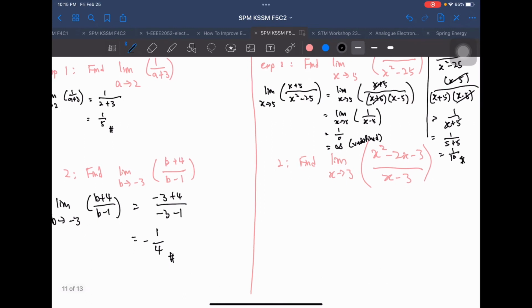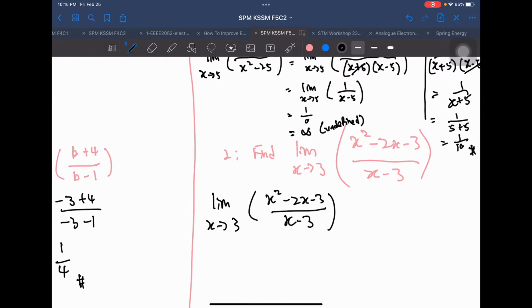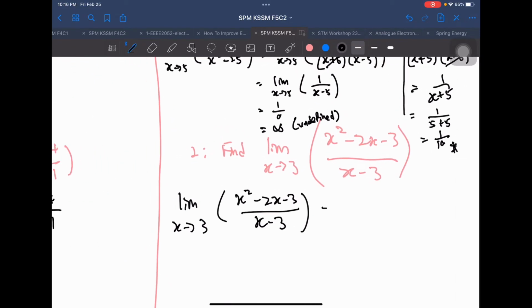Okay, so let's do the second example, or we can say the third one. As usual, copy down the question, and then we see what can be factorized. In this case, obviously it's the numerator. If you want to factorize, you get two brackets, and then you see it's negative 3.